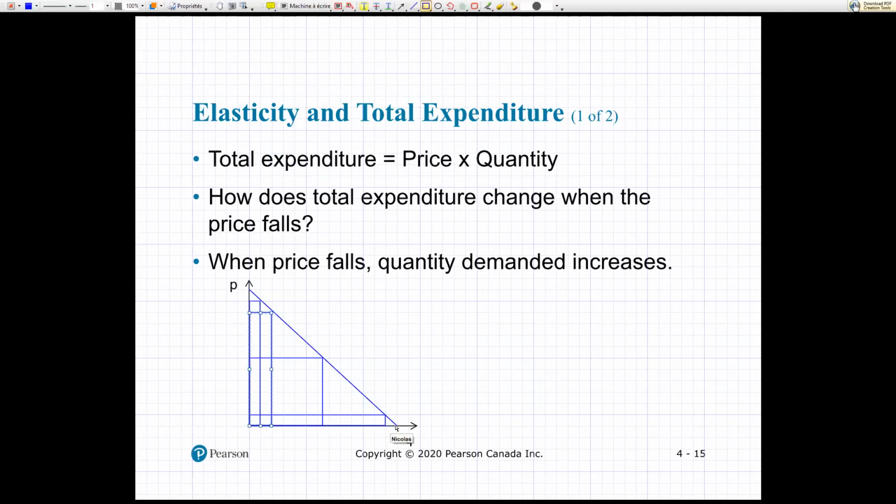And here, if the price is 0, I'm giving it away for free. So that's great. A lot of people are going to take it, but what's the total expenditure? Well, it's of course 0 too. So that's the interplay between price and quantity.